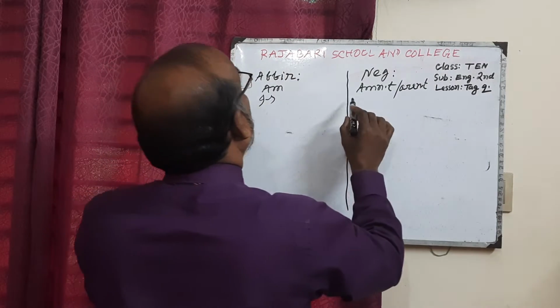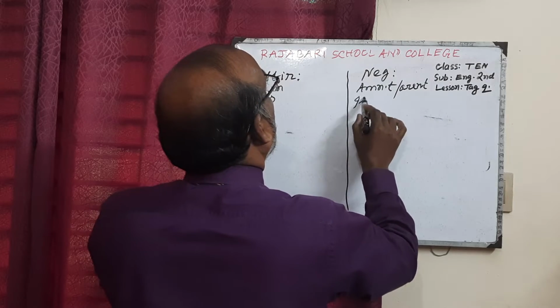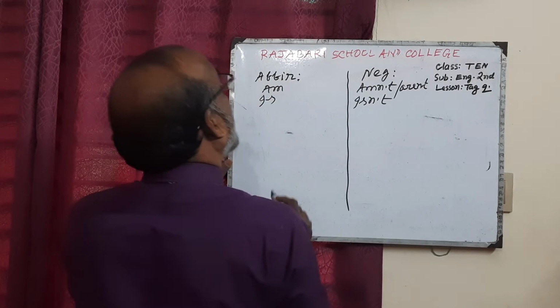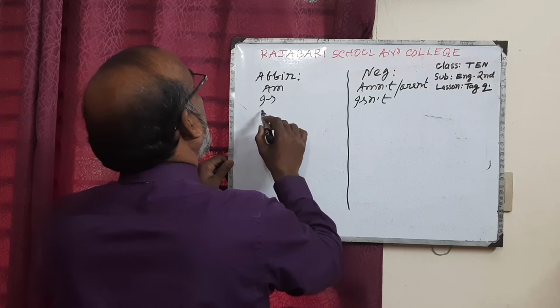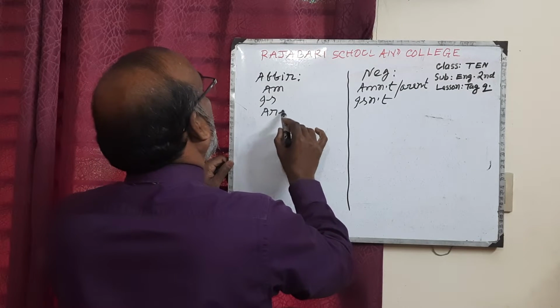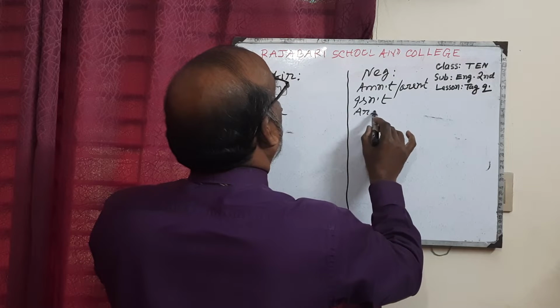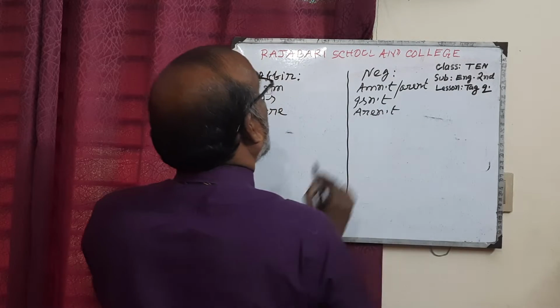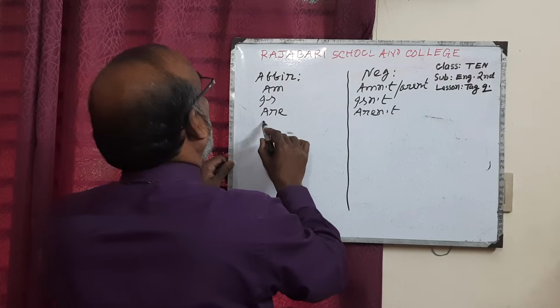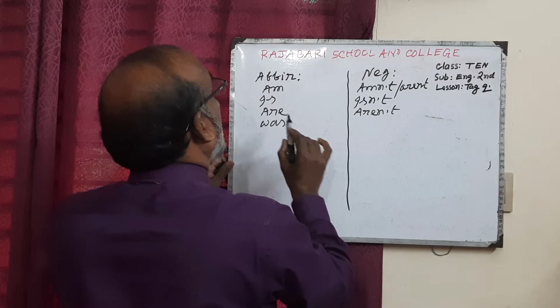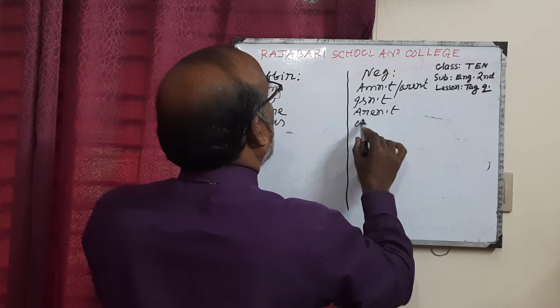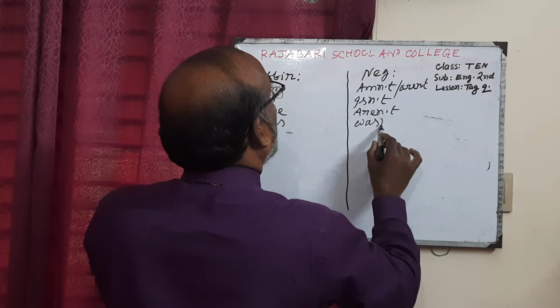Is will be isn't. Are will be aren't. Was will be wasn't.